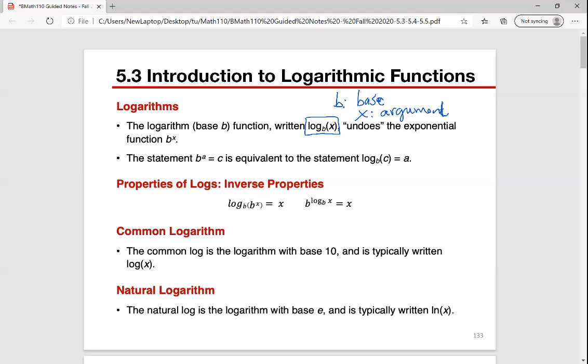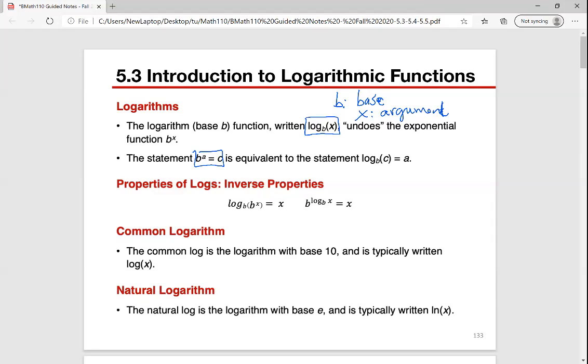If I have the statement b to the power a equal to c, it is equivalent to the statement that log base b of c equal to a.